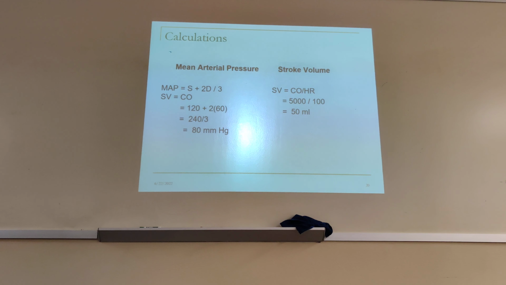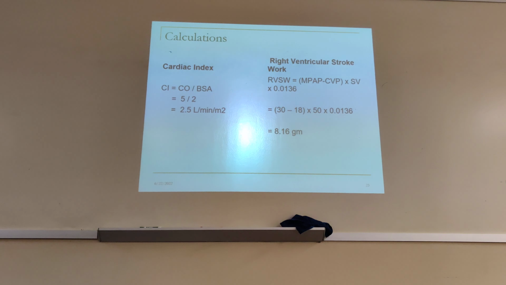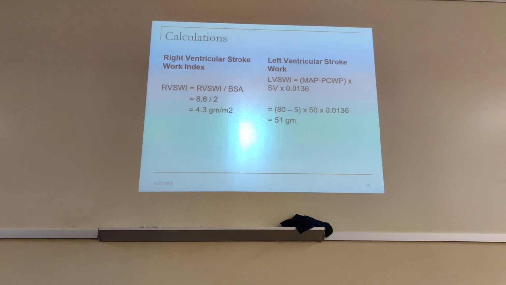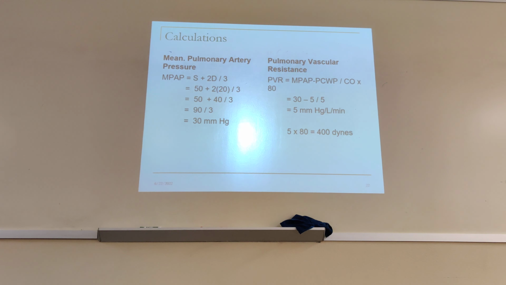So, using the same formula that we use for calculating the MAP, yeah, right there. So I'm going to do mean PAP there. That will be S plus 2 times D divided by 3. So the 50 plus 2 times 20 divided by 3 will give me 30. So my mean PAP is 30 millimeters of mercury.